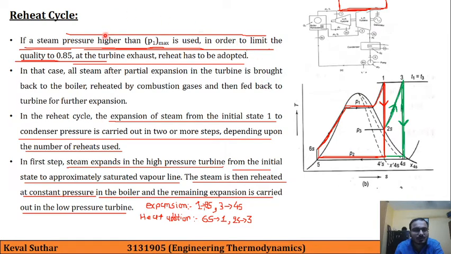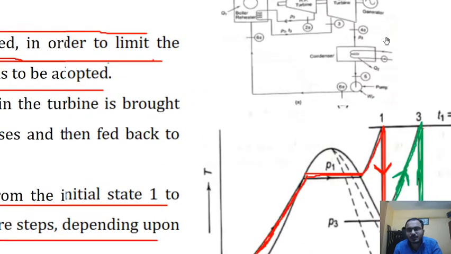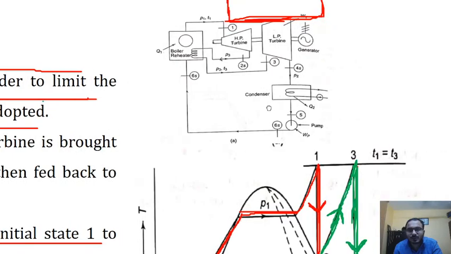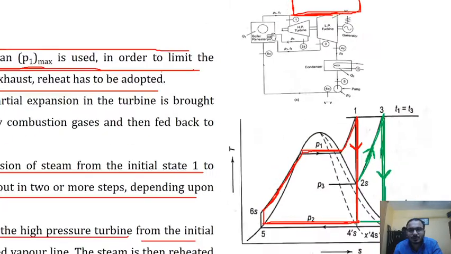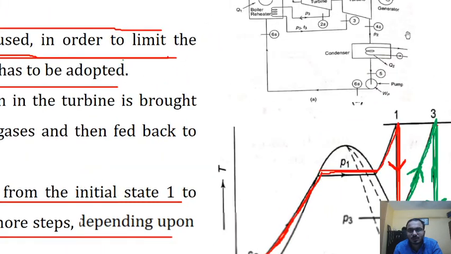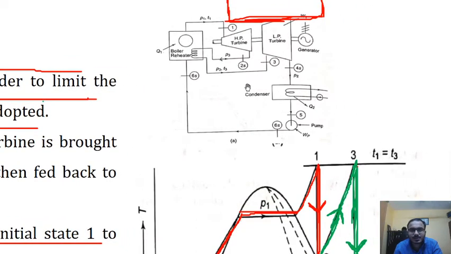So here what we are doing now is, if we focus on this figure, this will be important for our new topics also. If you see this arrangement in reheat cycle, we are using two turbines instead of single turbine.